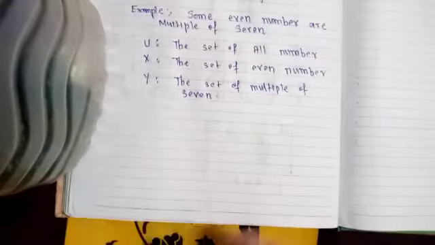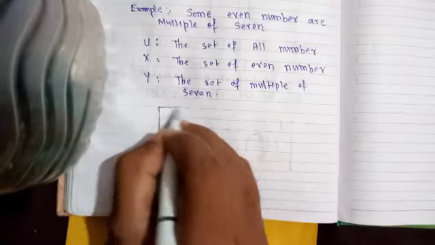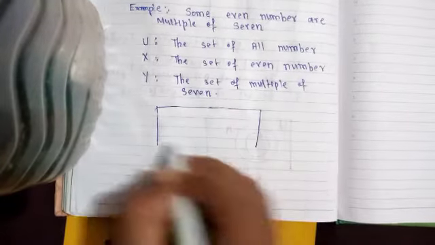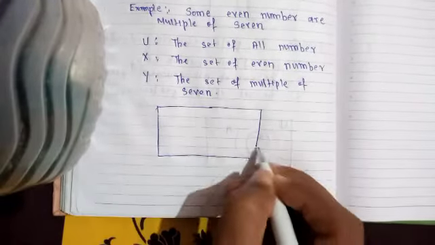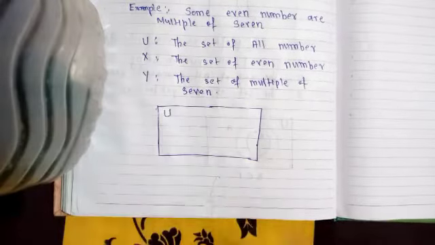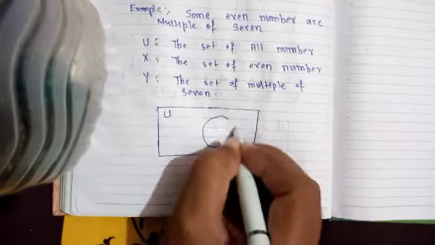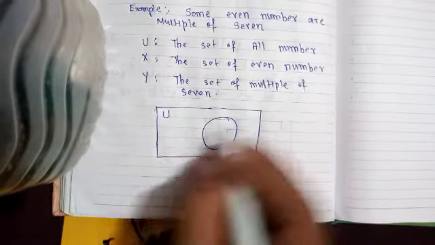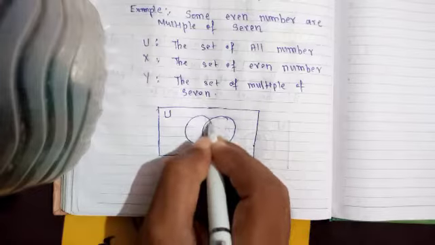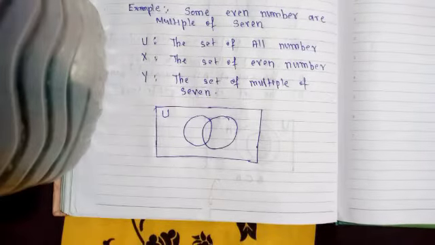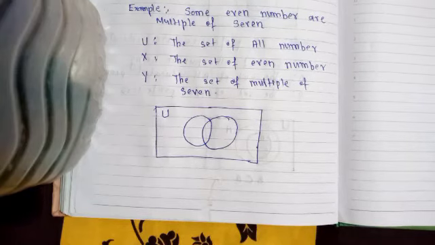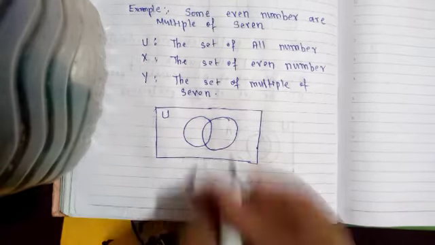Okay, now I will draw the diagram. So a rectangle will represent the set of all numbers, that is U. Then you will represent x, which is the set of even numbers, and some are multiples of 7. For example, 14, 28, 56, 42. These are even numbers, and these are also multiples of 7.